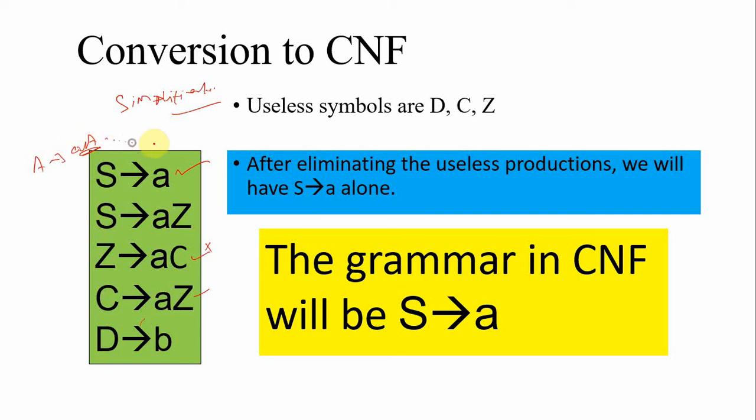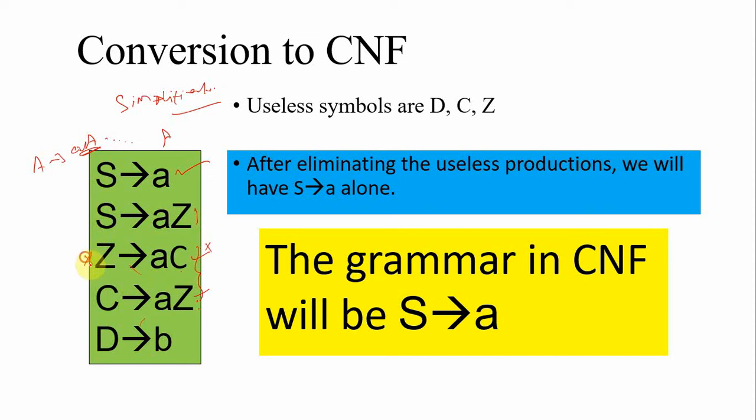At each and every step we had an uppercase S. Same is the case with this also. Z will generate AC, C will generate AZ, Z will generate AC, C will generate AZ. There won't be any stopping for that. So these two are going to be termed as useless.